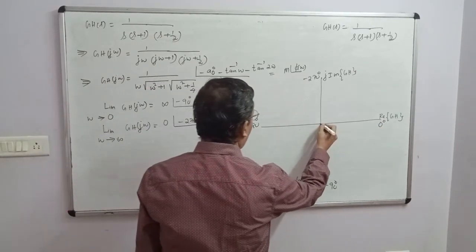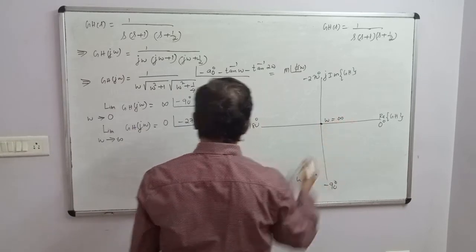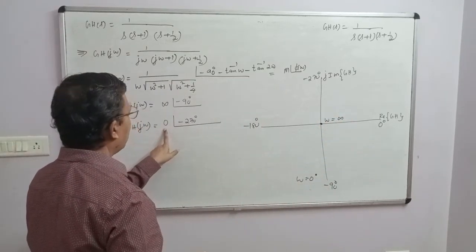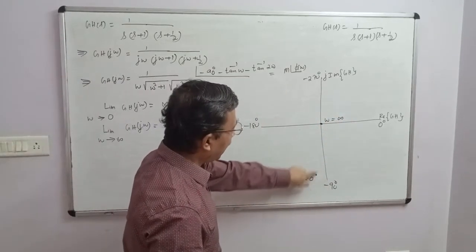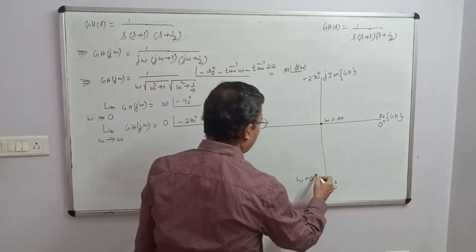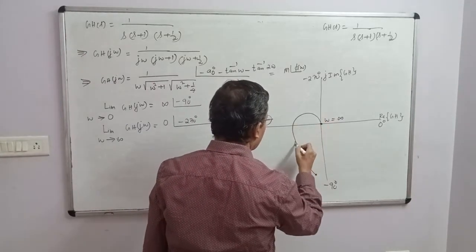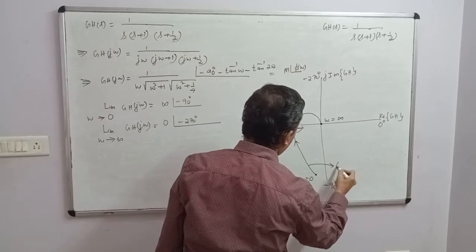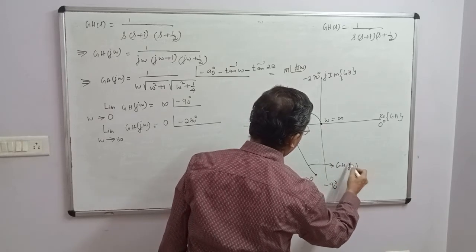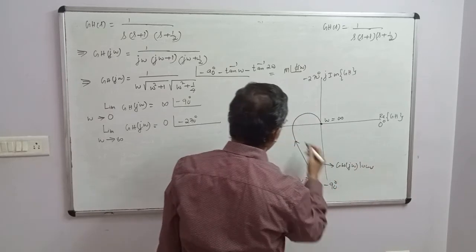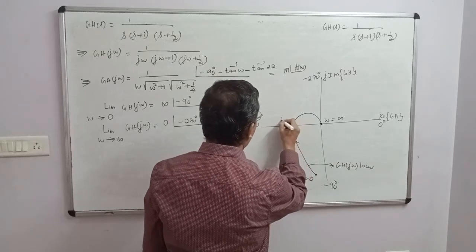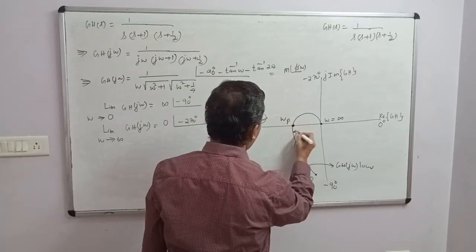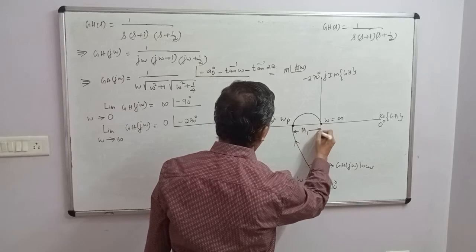So when omega is infinity, magnitude is 0, angle is minus 270. In fact, this is point A dash, this is point B dash. So this is the locus. This is nothing but the GH of j omega locus. This frequency is the phase crossover frequency. This length is M1.